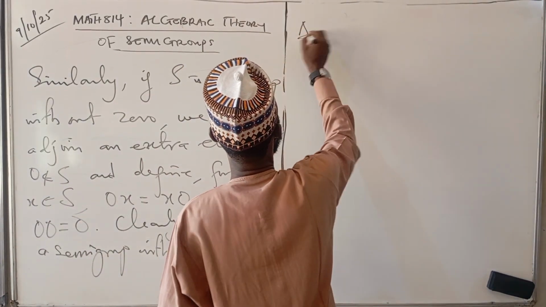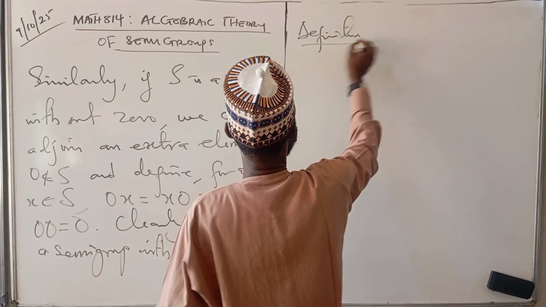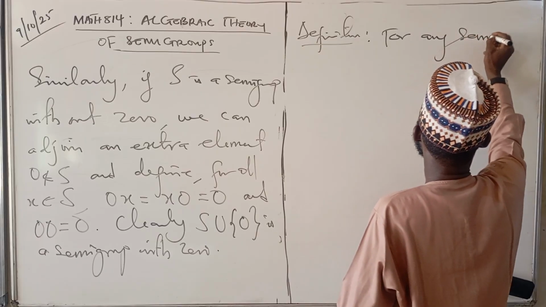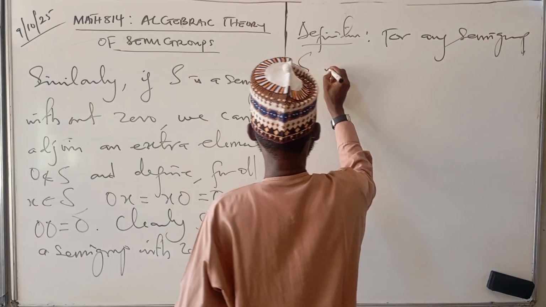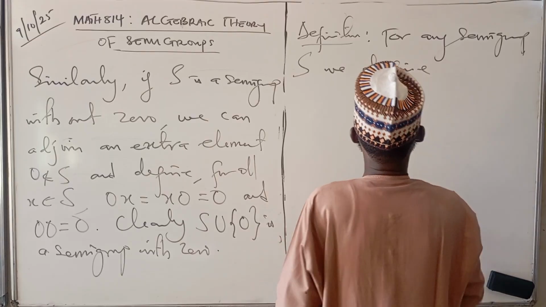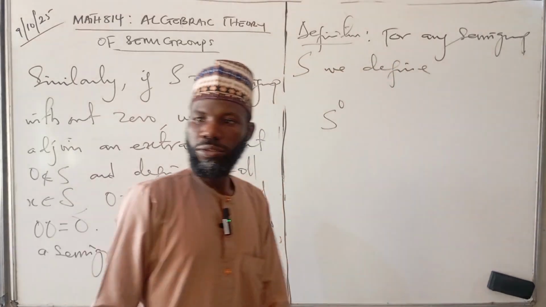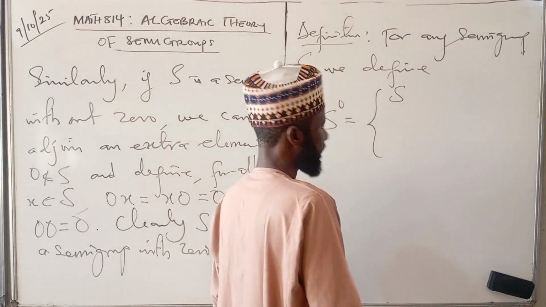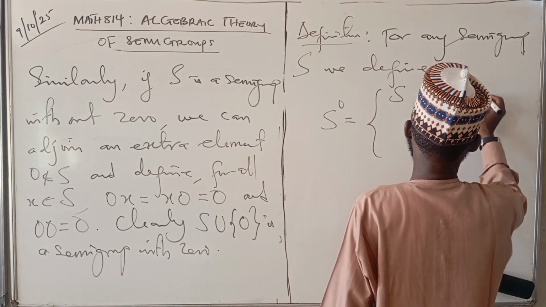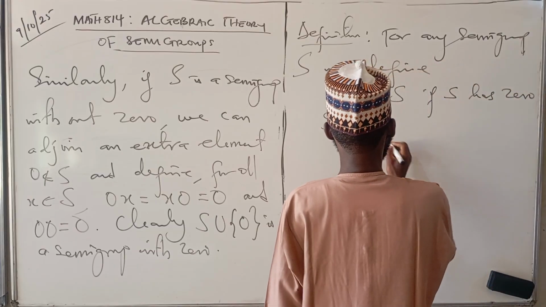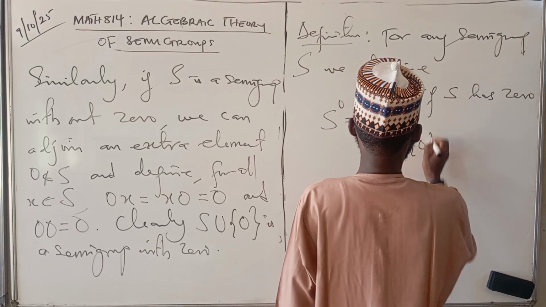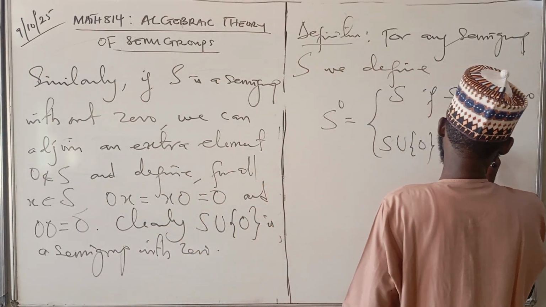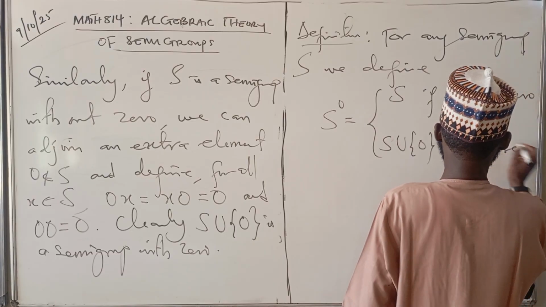So I can define a similar notion of adjoining 0, to say that for any semigroup whatsoever S, we can define this symbol S to the power 0 to be the semigroup S, if we have 0 already present in S, if S has 0, and to be S union 0, the extra we adjoin, which is now a semigroup with 0, otherwise.